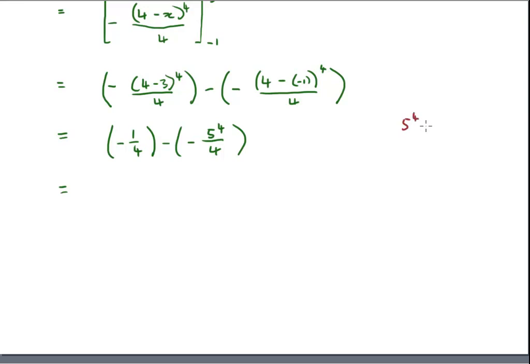5 to the 4 is of course 5 squared multiplied by 5 squared, which is 25 squared. And an interesting little trick maybe, any number that ends in 5, it's very easy to square it. All you need to do is examine the digits in front of 5, in this case it's just a 2, but any of the digits in front of 5, take that digit and multiply it by that digit plus 1, so not 2 times 2, but 2 multiplied by 3, which gives you 6, and then add a 25 at the end.